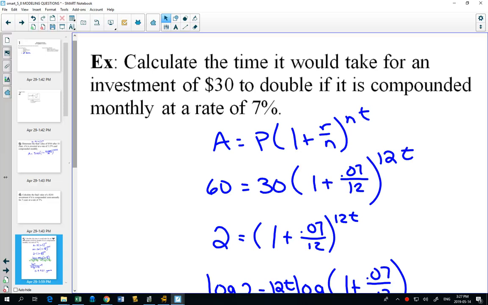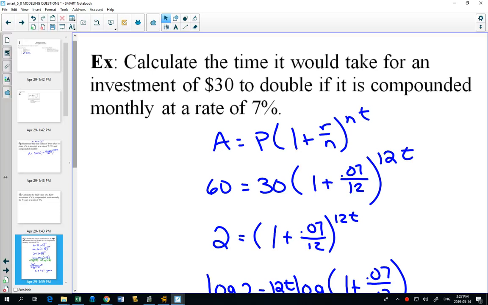Now, interesting things in this equation. First of all, let's say he didn't have $30. Because 10 years, if you had $30, 10 years later you have $60, are you going to be doing cartwheels down the street? No. But let's say you had $3 million.